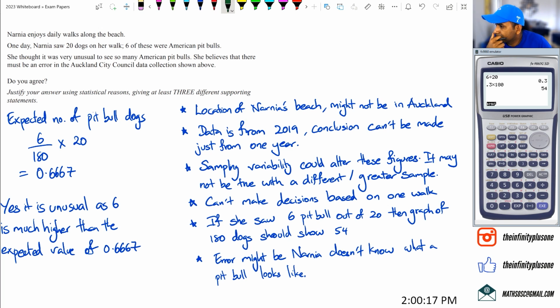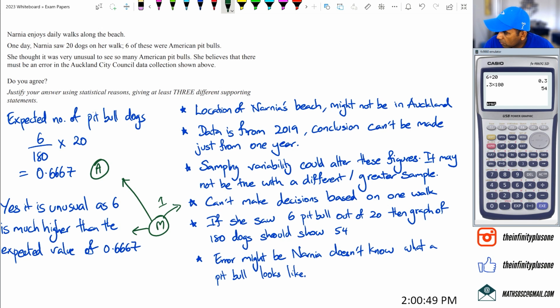Now, this question here, there's a lot to deal with. 0.0667 is going to get you an achieved, correct, expected, and a comment, unusual, and one of this is going to get you a merit. So for merit, you need the probability, you need this, and you need one statement from any of those things as to why there might be an error in the data.